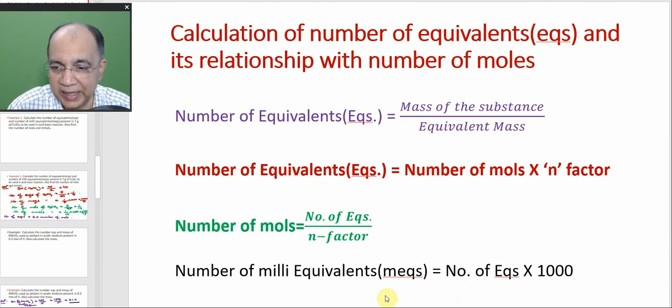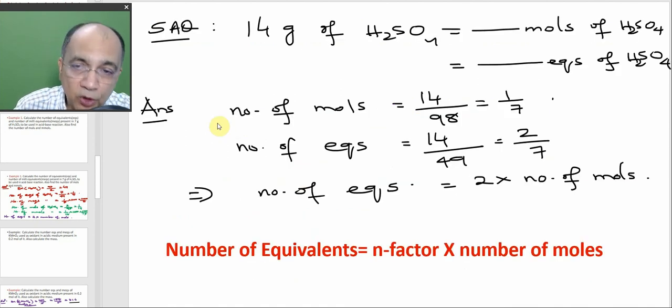Shortly write MEQ. MEQ means milliequivalents. So the number of milliequivalents is equal to number of equivalents into 1000. Just like 1 gram is 1000 milligram, similarly, 1 equivalent is 1000 milliequivalents. Let us prove this in one problem.